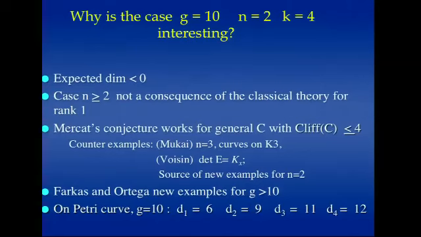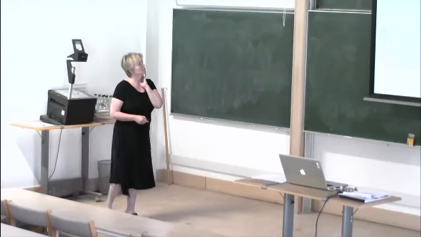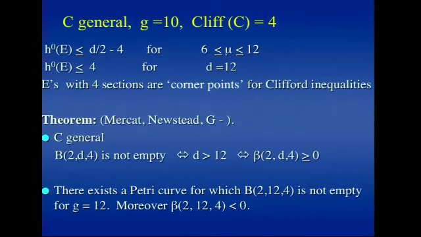So I will be looking at the connection between D1 and D4. It turns out that's an interesting part. If you look at the Clifford inequalities, this point is the corner that I was mentioning before, so it's actually not clear which way it should go. Should they be empty or not empty? When the expected dimension is negative, you would hope they don't exist.